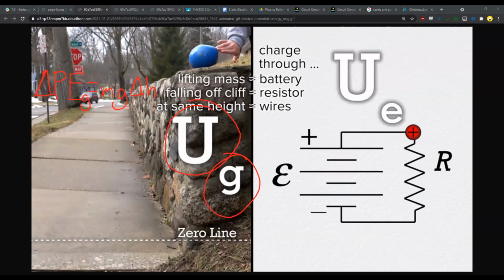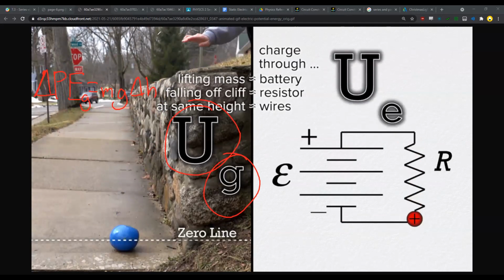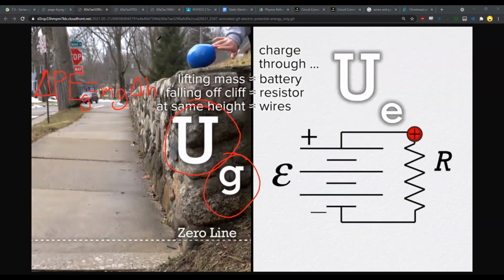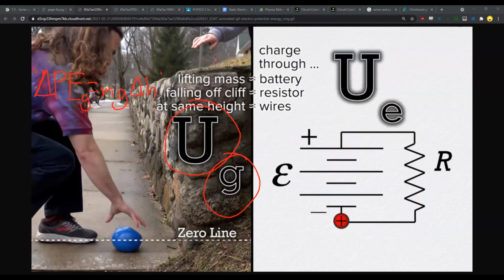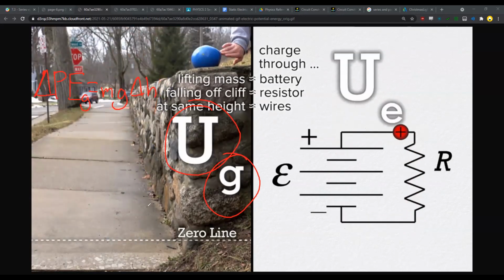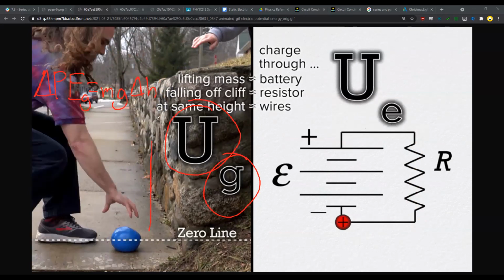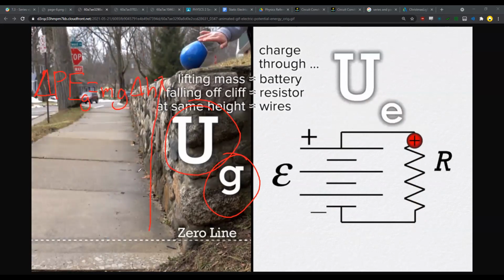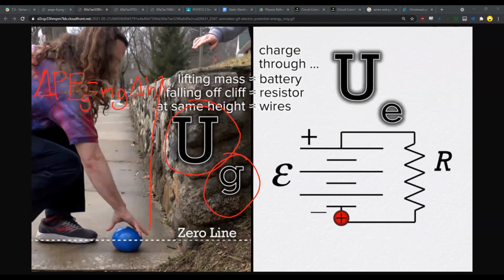But we use P, right? So the gravitational potential energy, if you recall, increases as you go up. As this person lifts this object, he increases the gravitational potential energy.